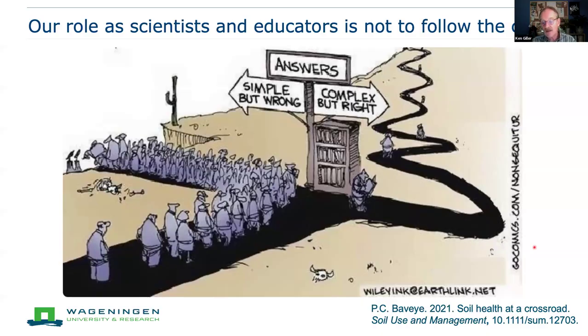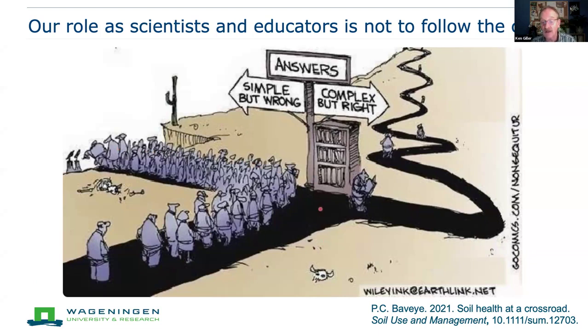So I like to use this cartoon, where we see this sort of populist world. Everybody's pushing for soil health, for agroecology, and they're coming to this crossroads where they have to make decisions, but most people are simply turning left, going along with this very populist agenda of sound bites.